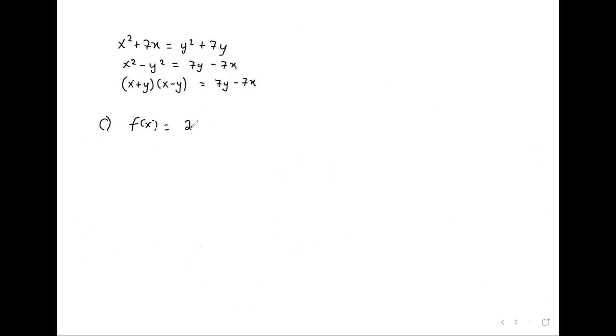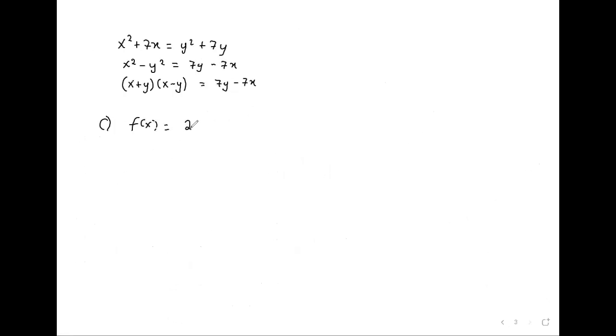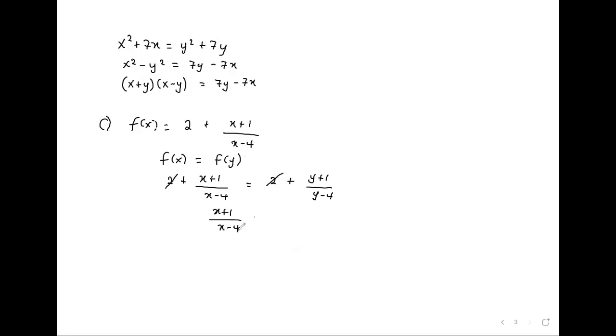f of x is equal to 2 plus x minus 1 over, so x plus 1 over x minus 4. So having f of x equal to f of y will land us in 2 plus x plus 1 over x minus 4 is 2 plus y plus 1 over y minus 4. Straight away the 2's will cancel, so we'll have x plus 1 over x minus 4 equals y plus 1 over y minus 4.